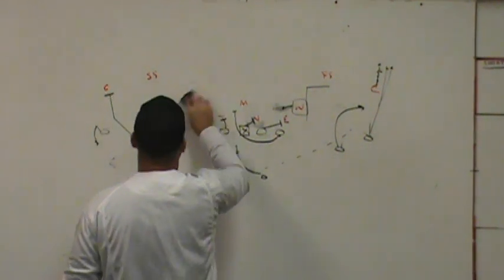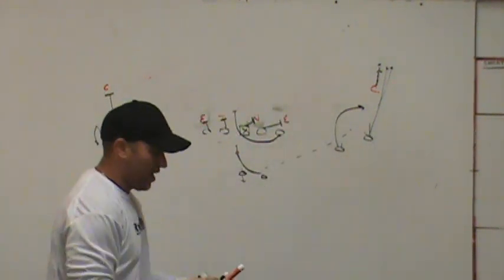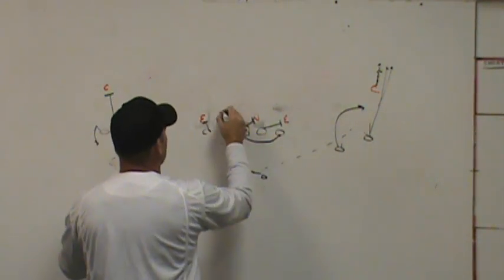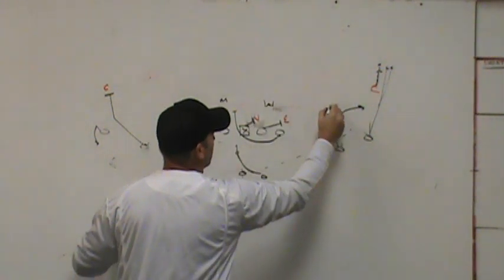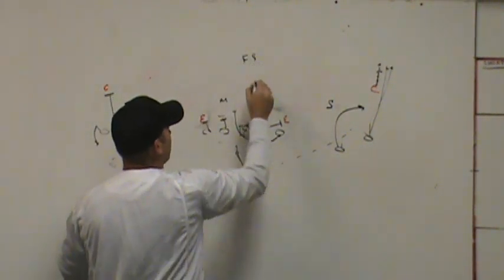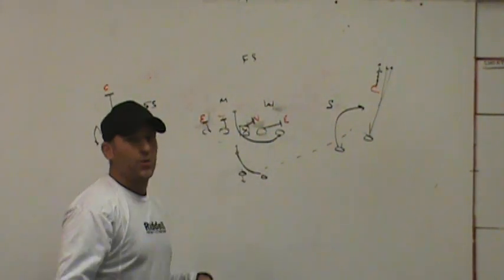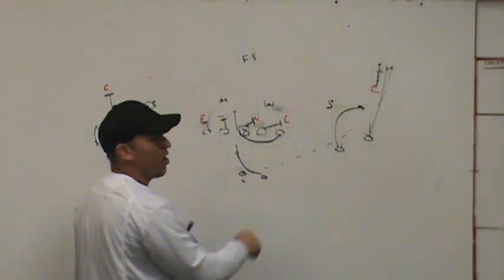Okay? If you get some type of man free, and this argument was on the Texas football chat the other night, if you get some type of 6 in the box look, you know, some type of man-free look like this, well, with 6 in the box, we can only block 5 of them. So right away, that's going to make your quarterback go to your RPO.